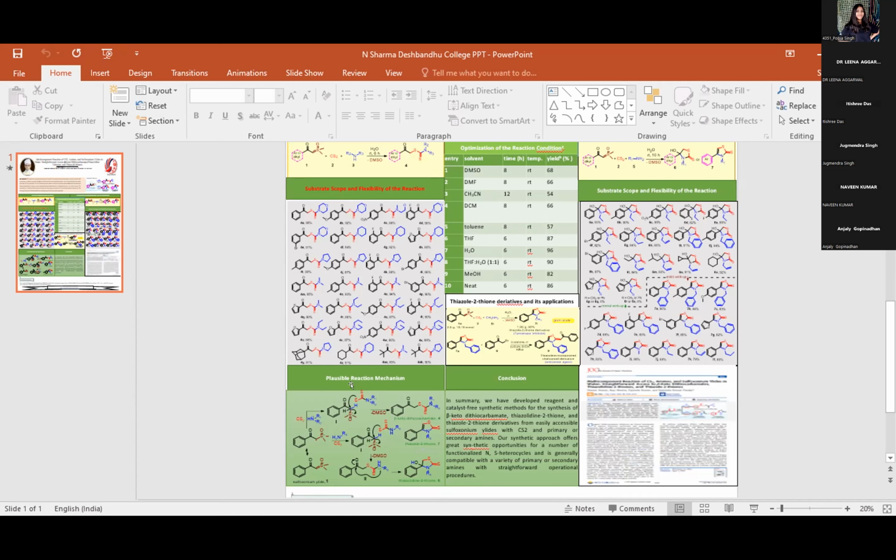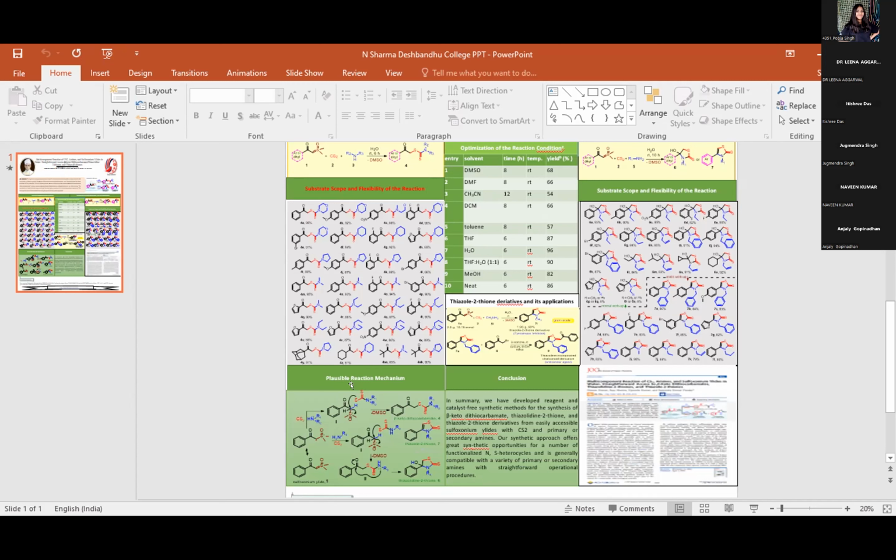So Naveen, you have done this organic synthesis of beta-keto dithiocarbamate? Yes, ma'am. Is there any biological importance of this compound? Yes, ma'am. These compounds are used in rubber industries, agriculture industry, and also in anti-cancer activity.